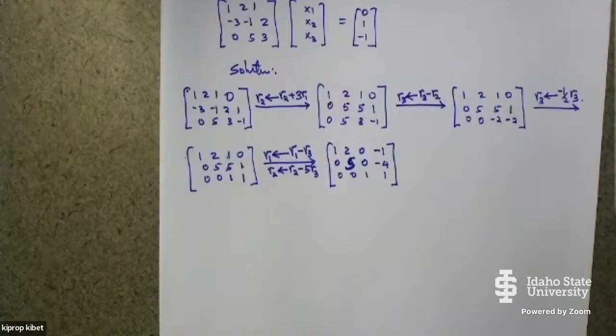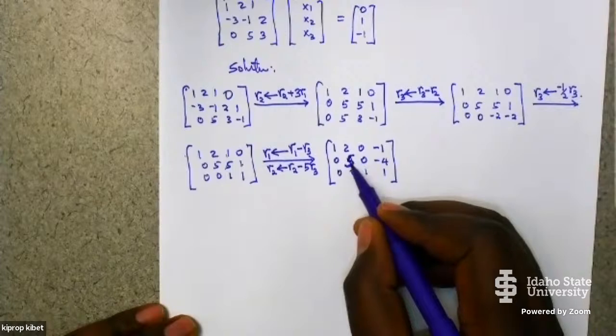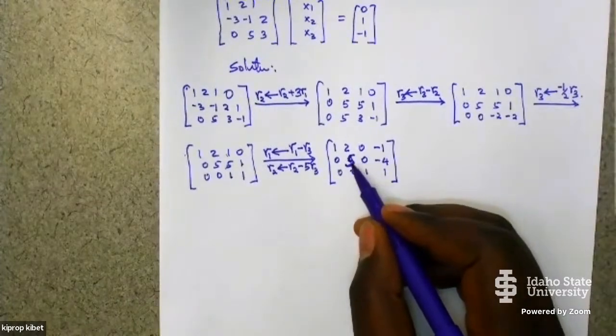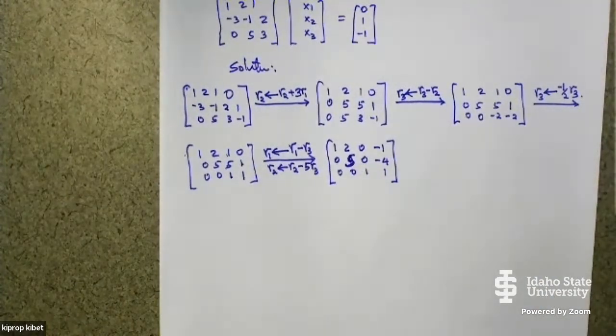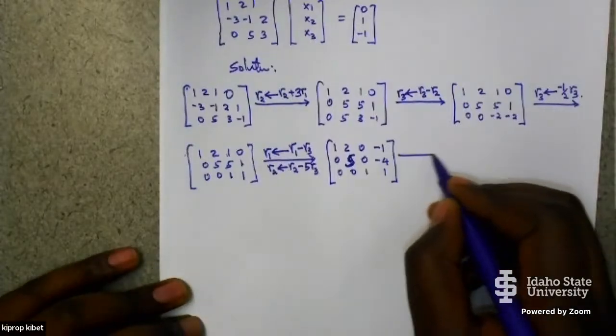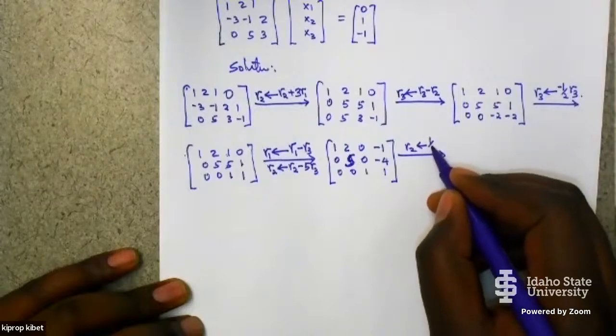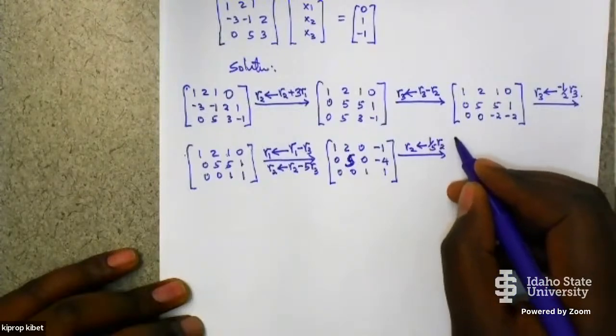Also, we now want to make this one 1. We said that for reduced row echelon form, all the leading entries should be 1. So the new R2 will be 1/5 times R2.